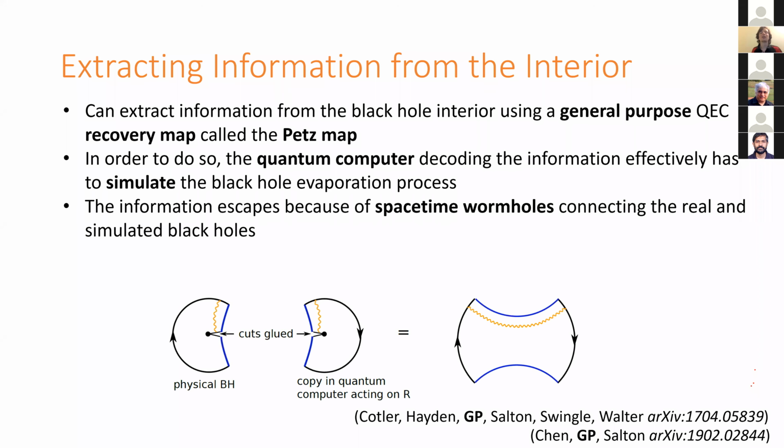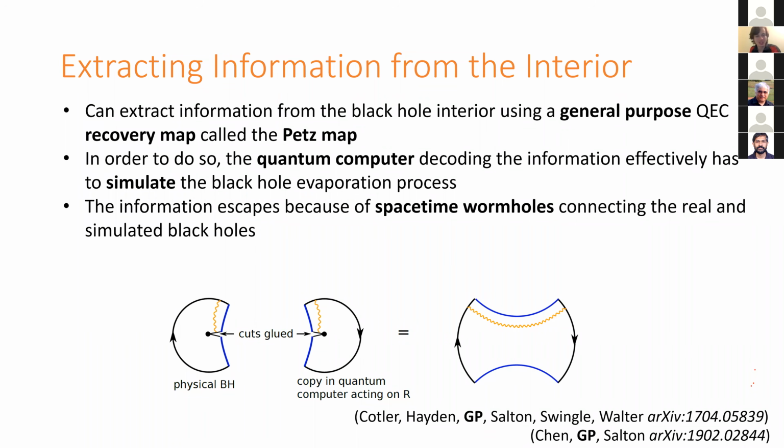Then what ends up happening, and this is totally crazy, and the question of how literally to take it, I think, is an open one, is that when you do the calculation, it's very natural to consider space-time wormholes that connect the real black hole that you're trying to reconstruct information from to the simulation of the black hole that you're using to define your reconstruction.